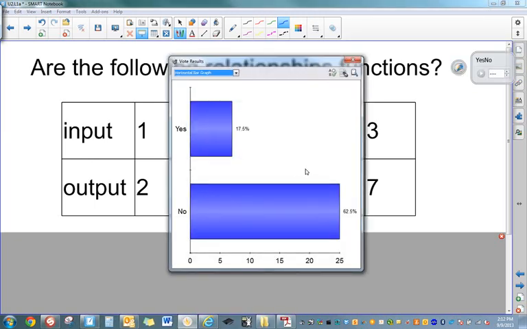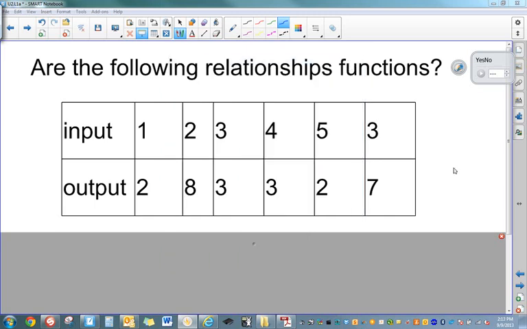I had 5 people, so maybe 6, respond yes. I had almost 25 respond no. Why is that a function? Now, there were 6 of you. Why is it a function? John, why do you think it was a function?